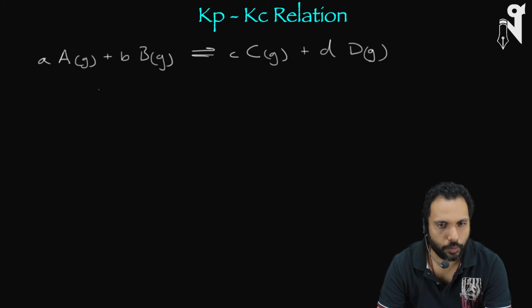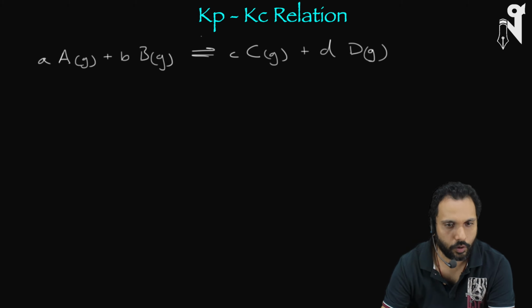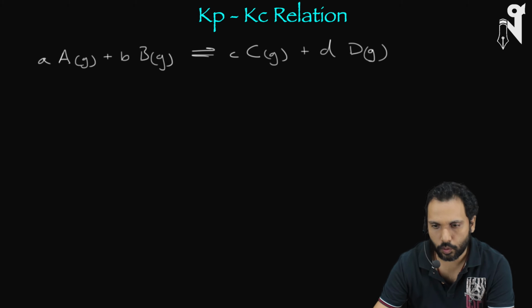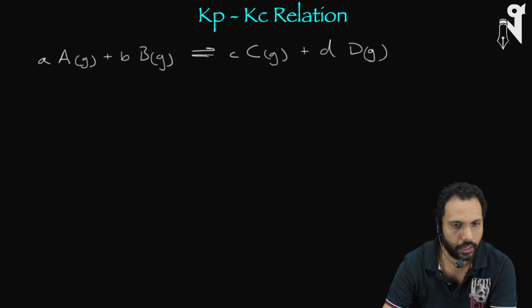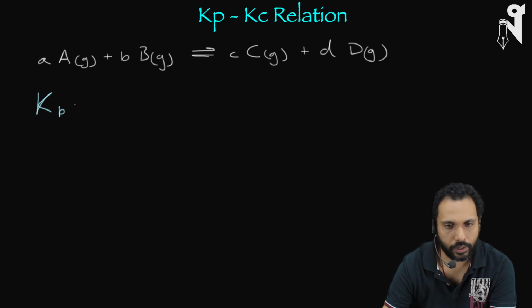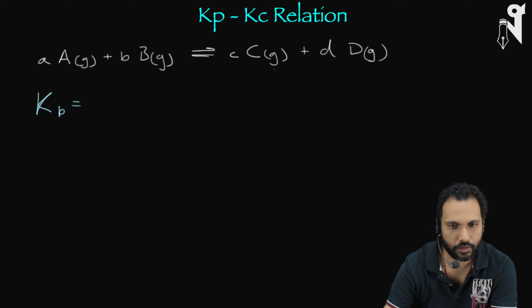So if I have to report the Kp value of it, as discussed, what would be the Kp value? The Kp value would be equal to the multiplication of the activities of the products raised to their stoichiometric coefficients.